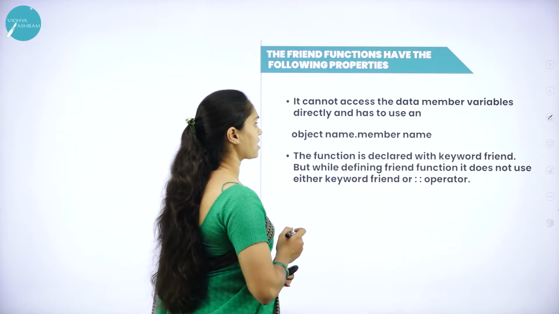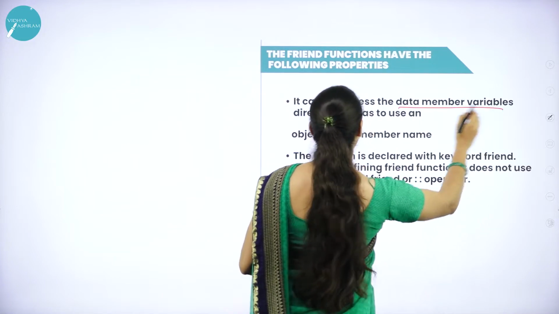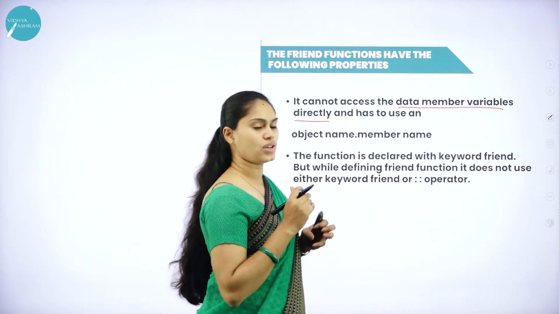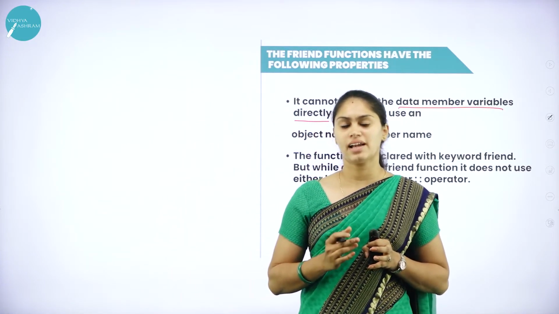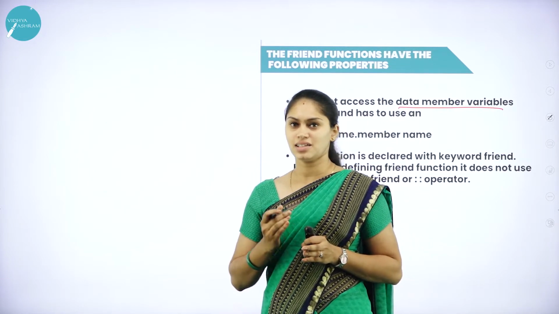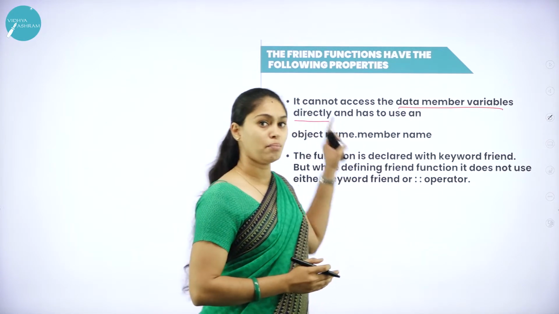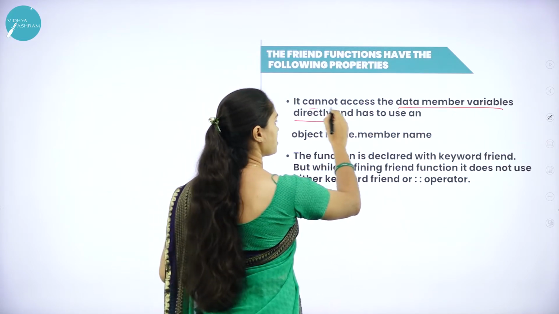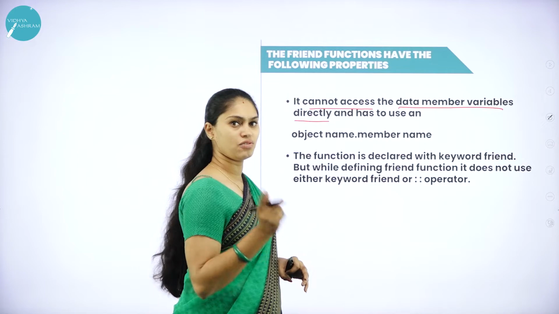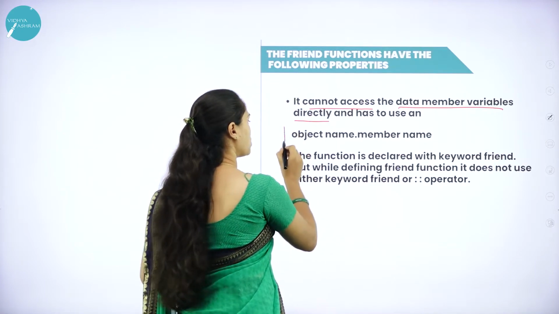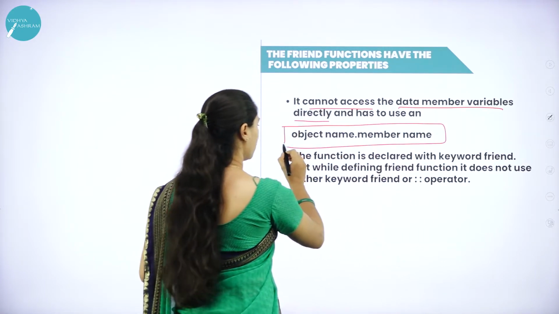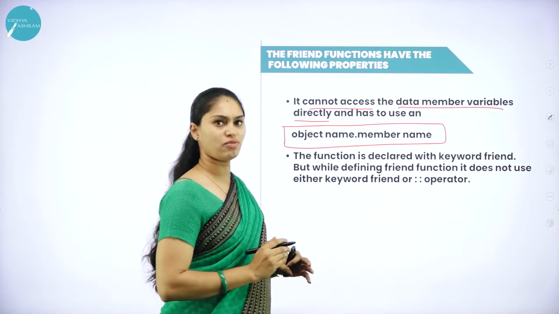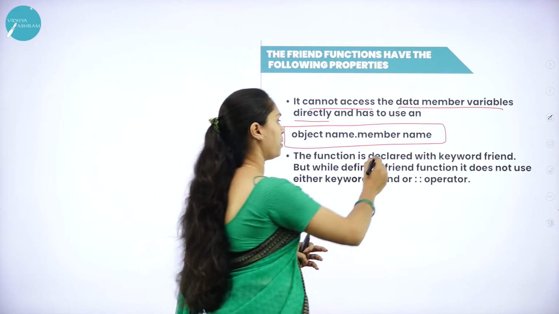Another point: it cannot access the data member variables directly. Data members are the variables which are declared in a class. But by making use of this friend function, it cannot directly access these data members. If it wants to access them, then it has to follow this syntax. What must it be? We have to specify the object name dot member name.